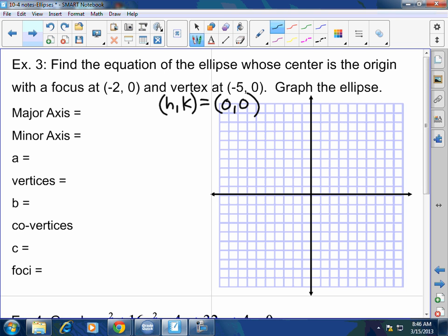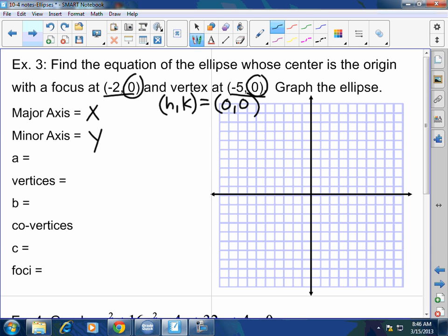What do you guys notice about the focus and the vertex? Okay, the y's equal 0, right? So when the k's are the same in the vertex and the foci, it's an x major axis. Great. And the minor axis then would be y. Fantastic, gentlemen. Now, my vertex is negative 5, correct?